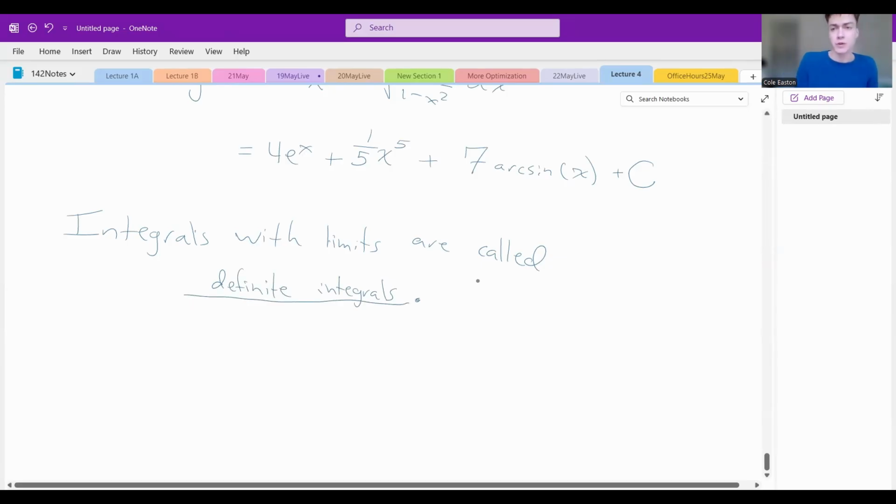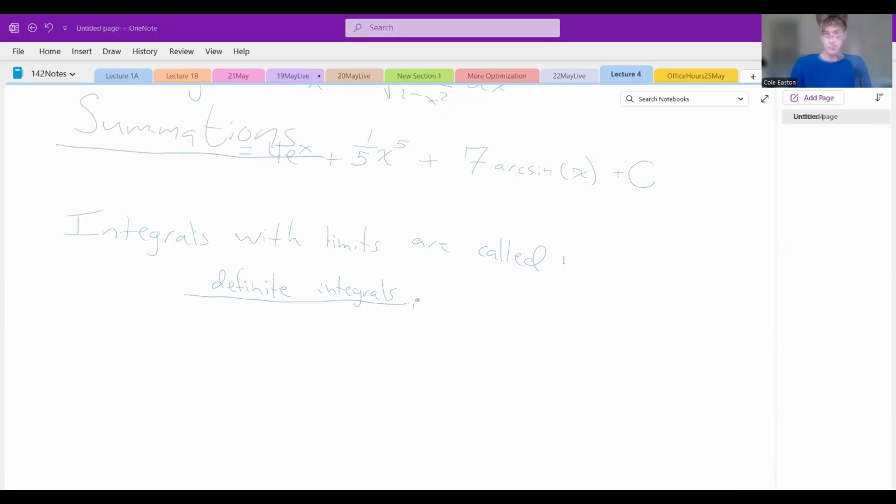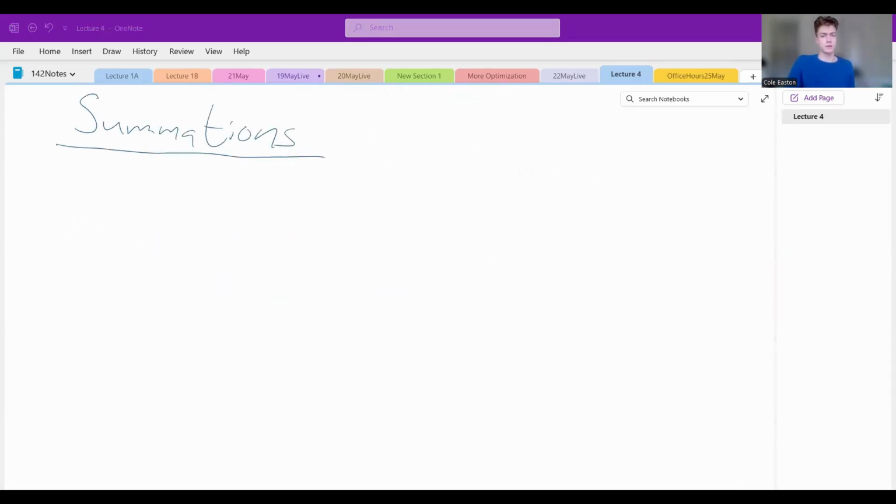Now we're going to switch gears a little bit because we want to talk a lot more about rectangles, actually. But before we do that, we should take a little detour to talk about summations. Sometimes in math, we want to add a bunch of numbers together. So maybe we want to say, what is 1 plus 2 plus 3 plus 4 plus 5 plus 6 plus 7?